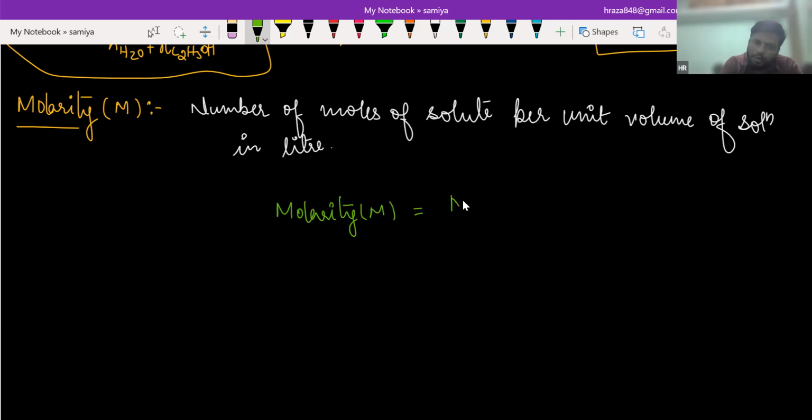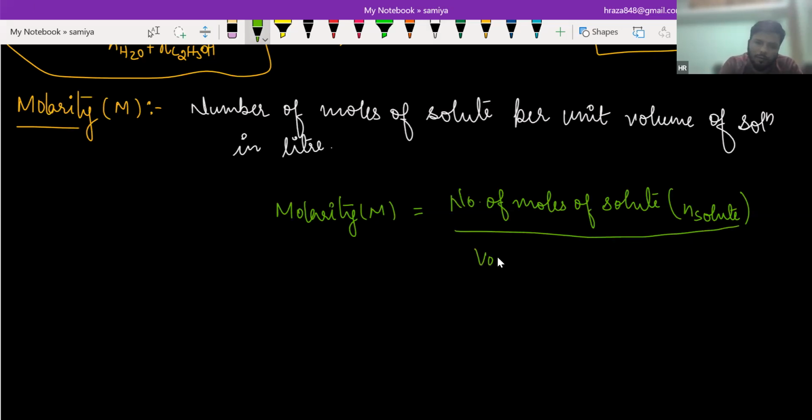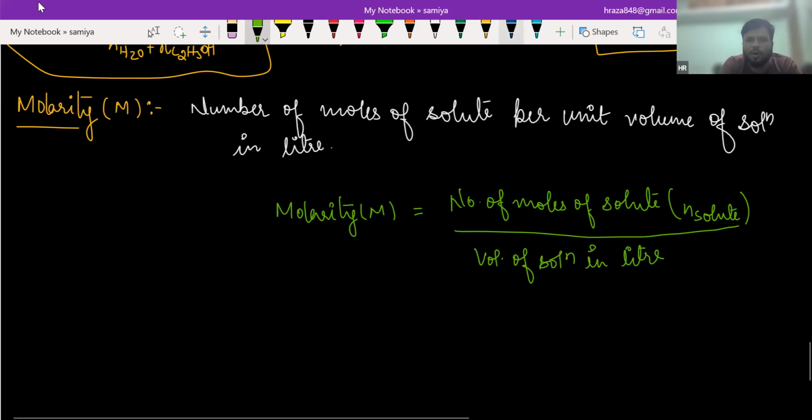Molarity will be equal to number of moles of solute, that is n solute, divided by volume of solution in liter. Basically, this is the formula for molarity.